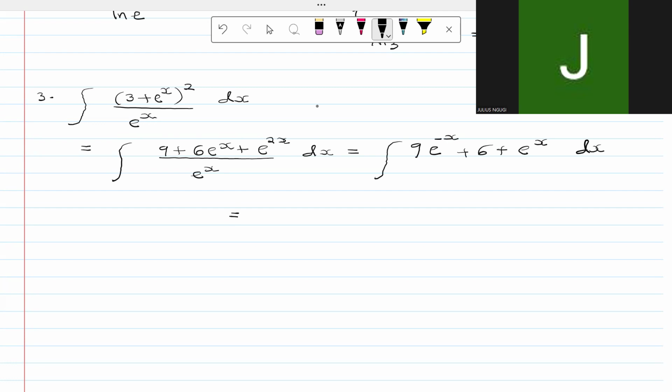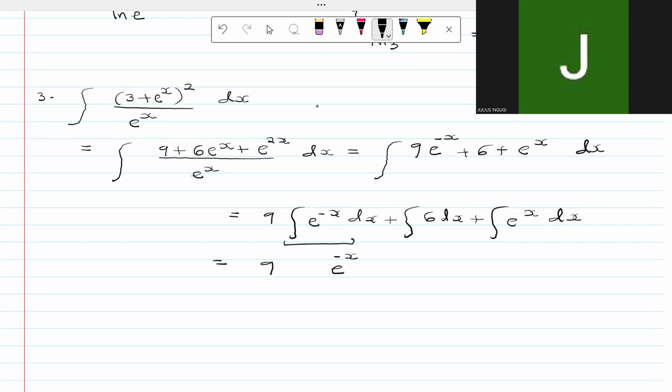Then you apply the addition rule of integral. So you have 9 times the integral of e to the power of minus x with respect to x, plus the integral of 6 with respect to x, plus the integral of e^x with respect to x. So this one becomes 9, and the integral here is just e to the power of minus x, then you multiply by 1 over the derivative of minus x, that is just minus 1.